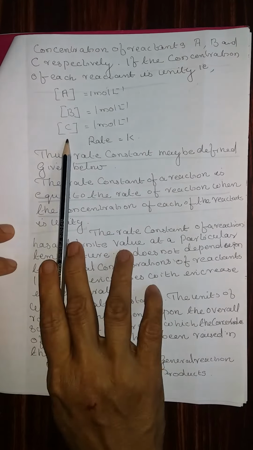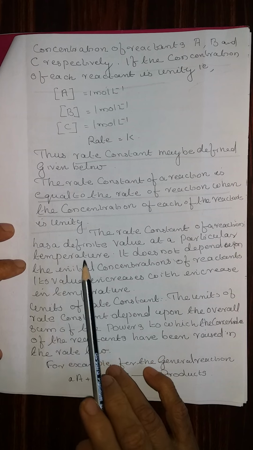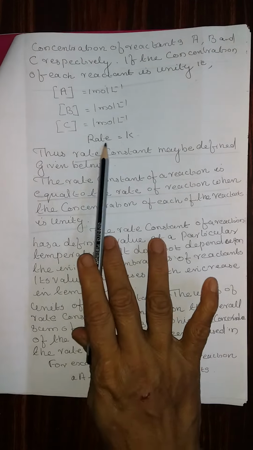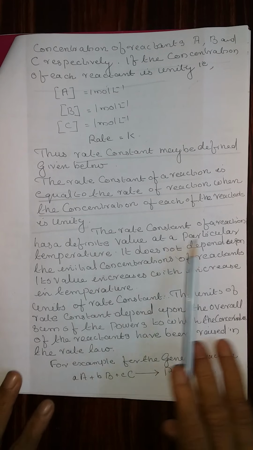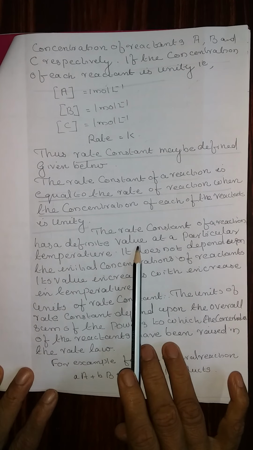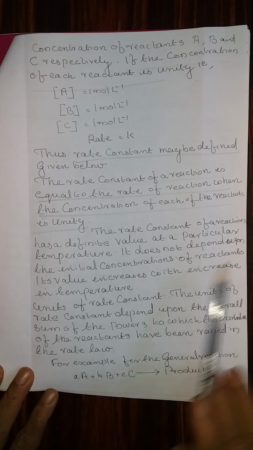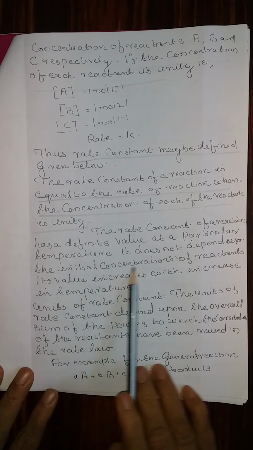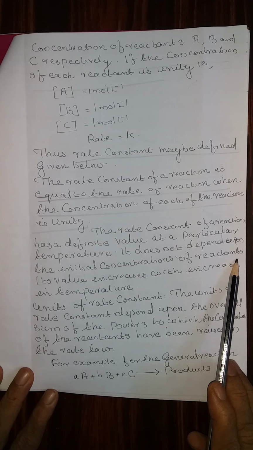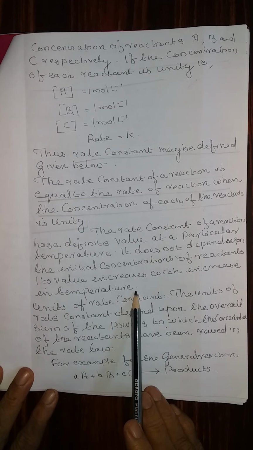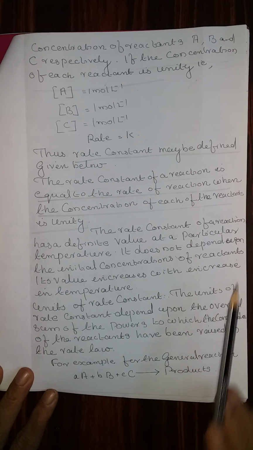That means if all these concentrations are equal to 1, then rate is equal to k. The rate constant of a reaction has a definite value at a particular temperature. It does not depend on the initial concentration of the reactants. Its value increases with increase in temperature. Fill in the blank question.